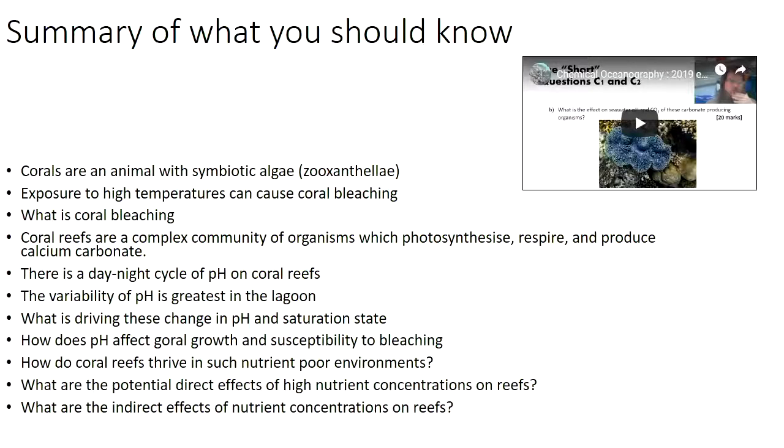So that's getting towards the end of the lecture. We would go back and look at some of the direct effects as well if this was the real one, but we have a little summary here. You should know that the susceptibility of corals to bleaching is being changed by pH in the ocean.